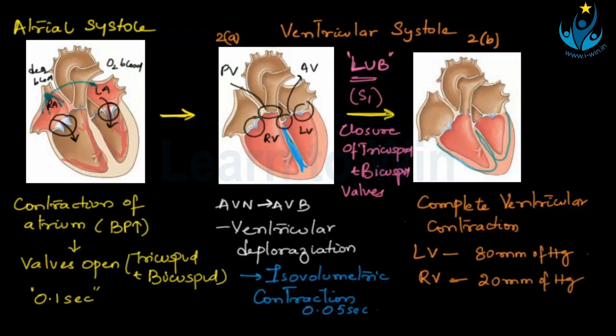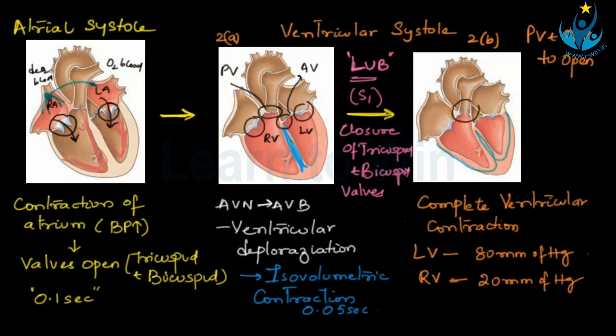Both these pressures are more than the pressures of the aortic trunk and the pulmonary trunk. So the ventricles now have a high blood pressure, whereas the pulmonary trunk and the aorta have a low pressure. This high pressure forces the pulmonary valve and the aortic valve to open.